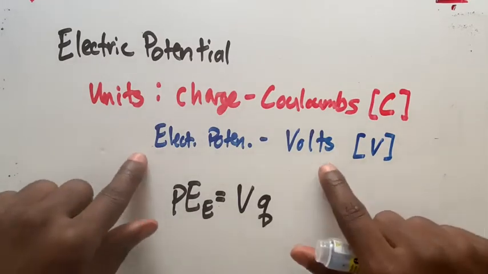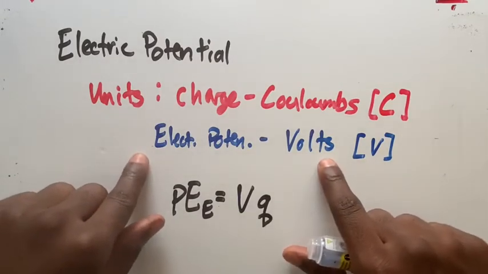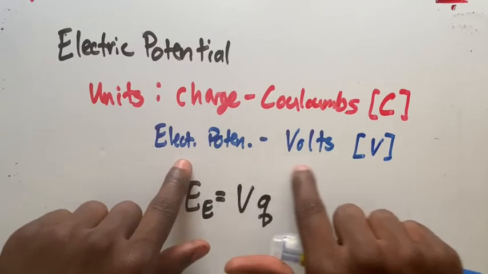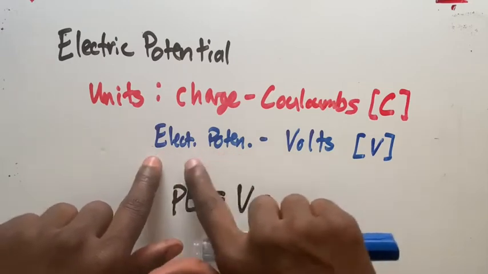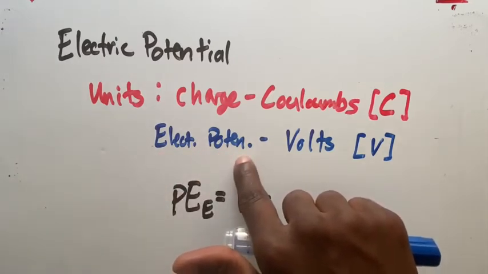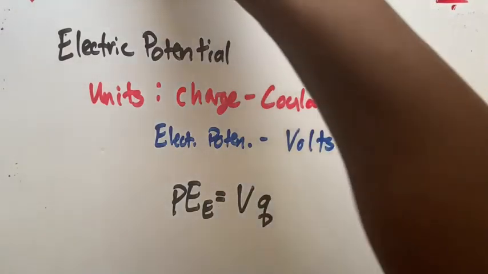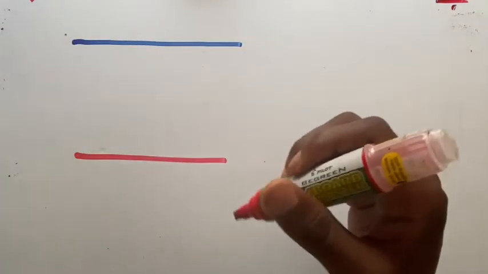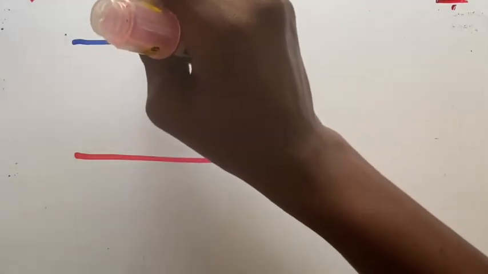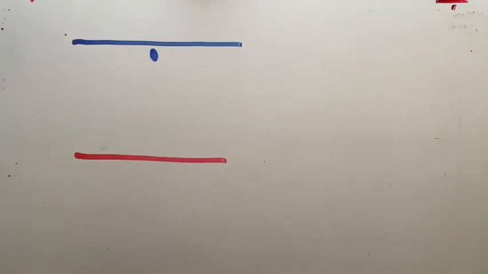So basically, whenever a charge is inside of some electric potential, it then has the ability to basically move, right? So going back to the parallel plates. And see, there's our electron there.